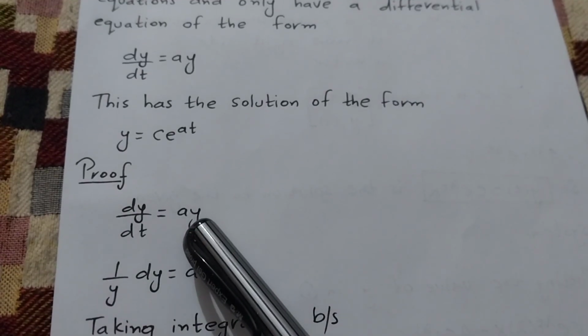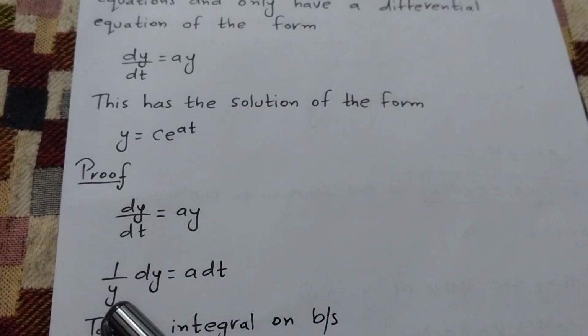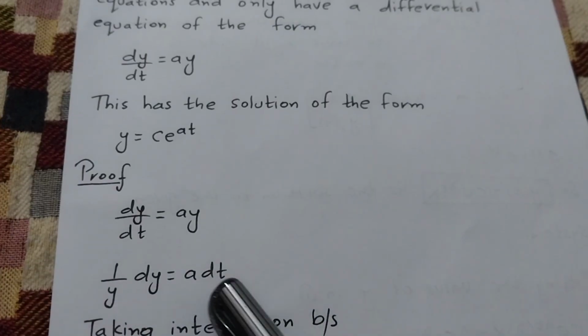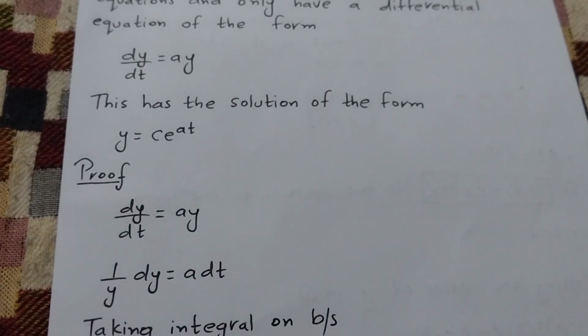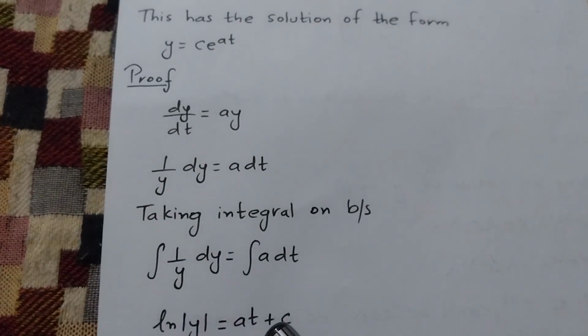So this y is being multiplied on the right hand side, it will be divided on the left hand side, and this dt is being divided over here, so it will be multiplied on the right hand side.